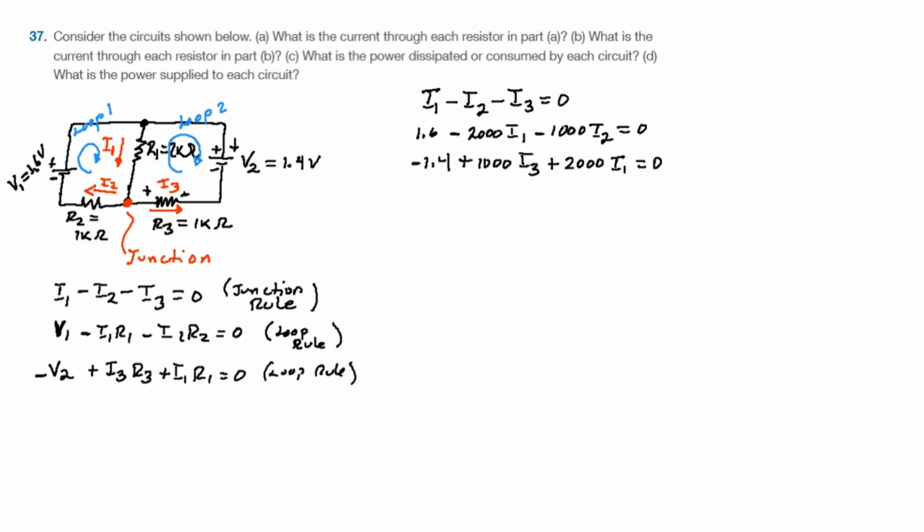Now, let's reorganize the terms to get a system of equations. So you say I1 minus I2 minus I3 is equal to 0. Now, negative 2000 I1 minus 1000 I2 is equal to minus 1.6, because I subtract 1.6, so the constant goes to the right. And then I say 1000 I3 plus 2000 I1 is equal to 1.4.